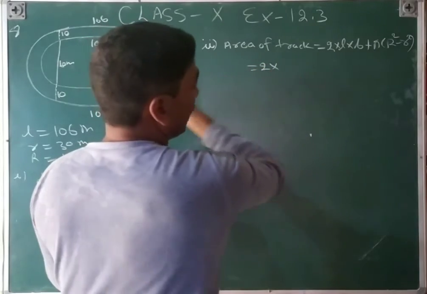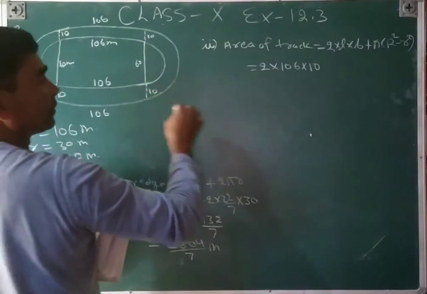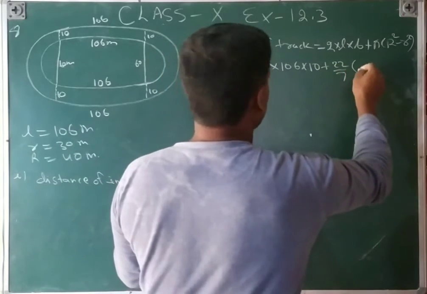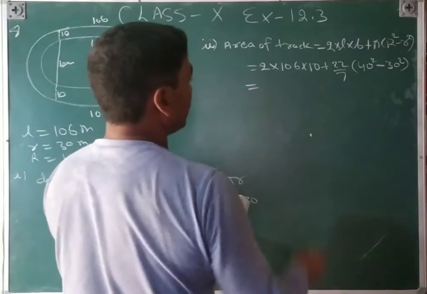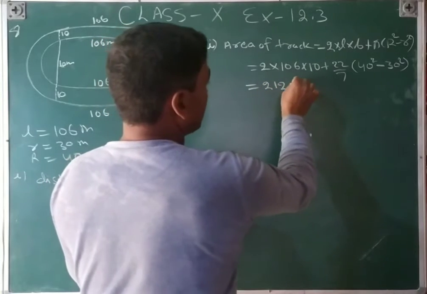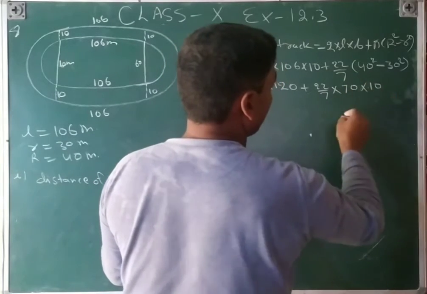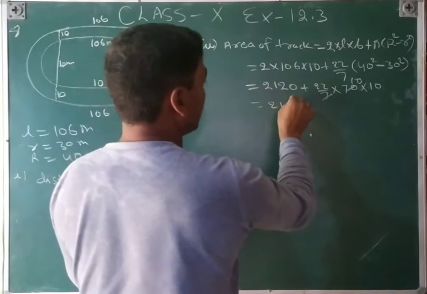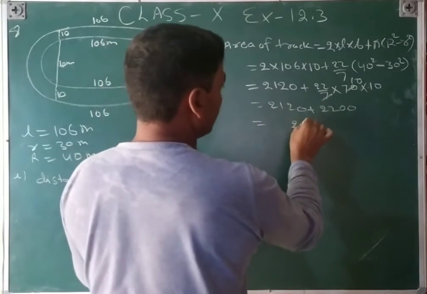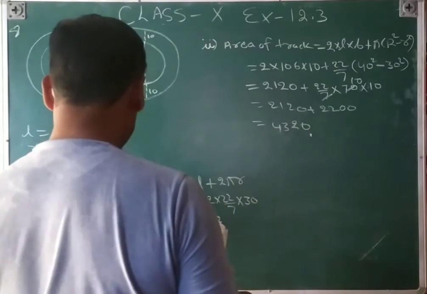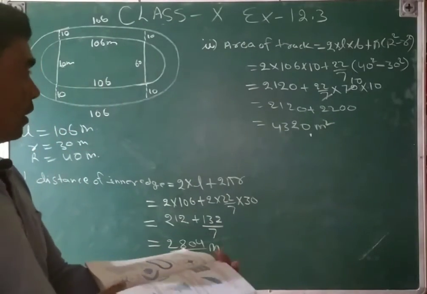So 2 into L will be 106 into 10, plus 22 upon 7, R is 40 square minus 30 square, so that 2120 plus 22 upon 7 into 70 multiplied by 10. So 2120 plus 2200, by the addition, that will be 4320 meter square. That will be the area of track.